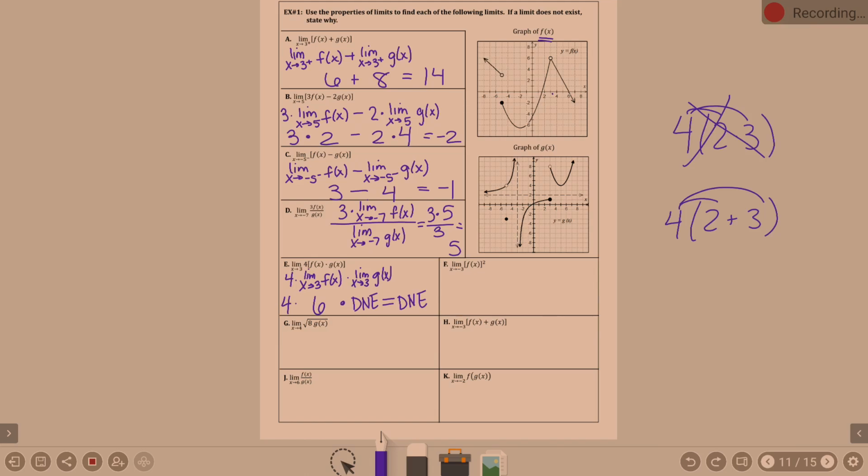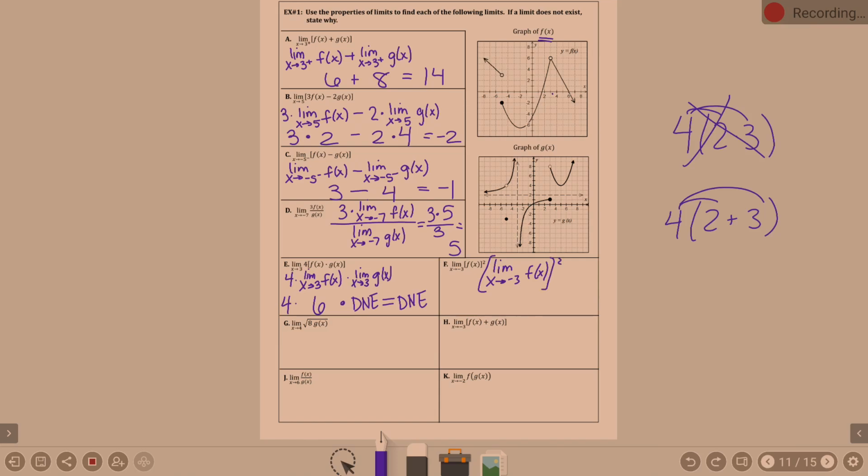Okay, F. A limit where the function is squared. Keep in mind that means we can just do the limit as x approaches -3 of f of x, and then we can square it.